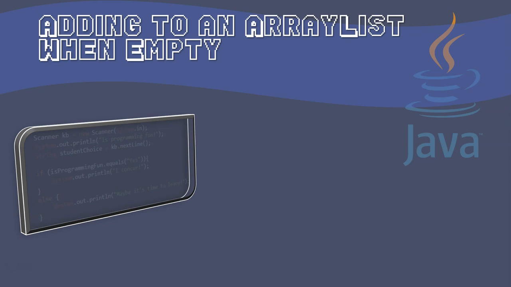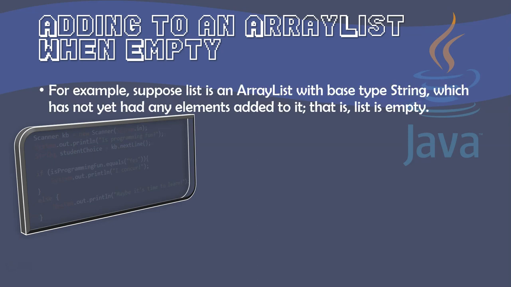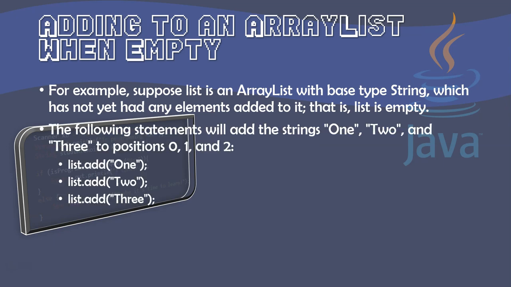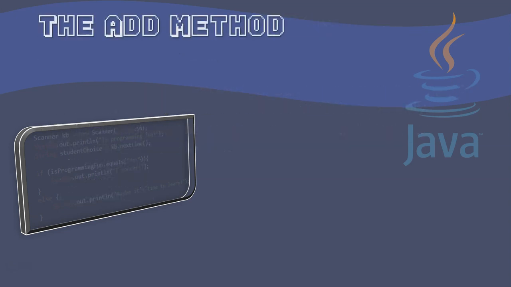Now, if our array list is empty, let's say we create an empty array list of type string and we don't have any elements in it. If we want to add the strings 1, 2, and 3 to positions 0, 1, and 2, I do list.add("1"), list.add("2"), list.add("3"). That allows us to look at the add method and how it truly works here.